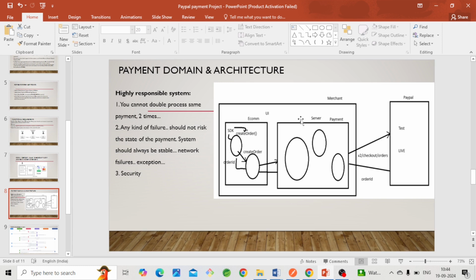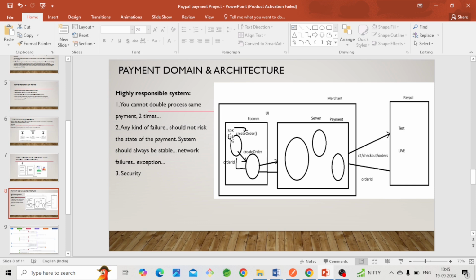We have three microservices in our project. The first is the validation service we are designing, the second is the payment processor service, and the third is the payment provider. So we are focusing on the backend system only.